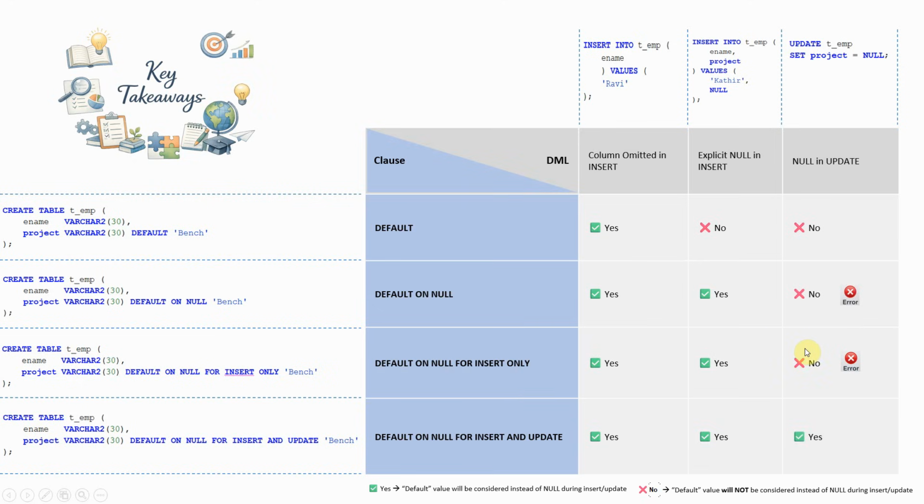In fact, this will throw an error during the update. However, in the last case, that is default on null for insert and update, even if you update or insert with a null value, or if you omit that column as part of the insert, the default value will get considered. Okay, I hope you have learned something new.